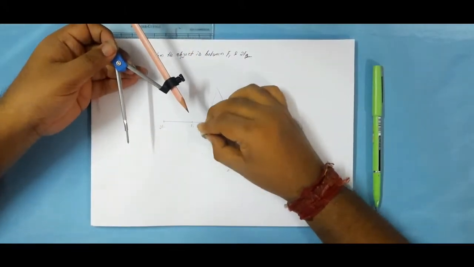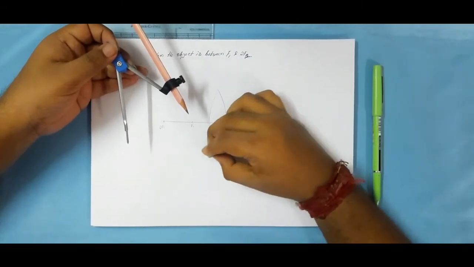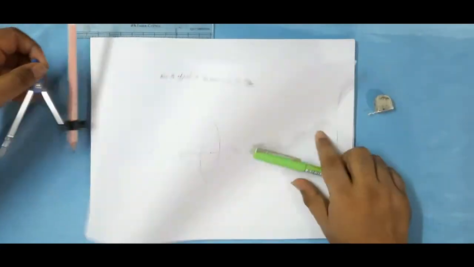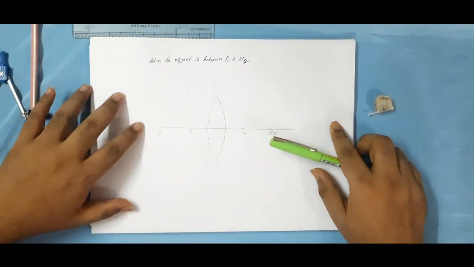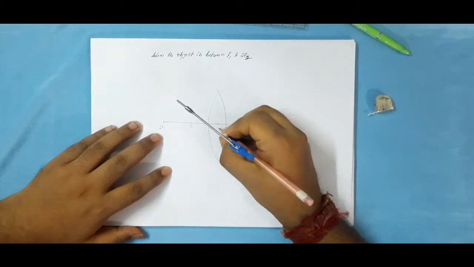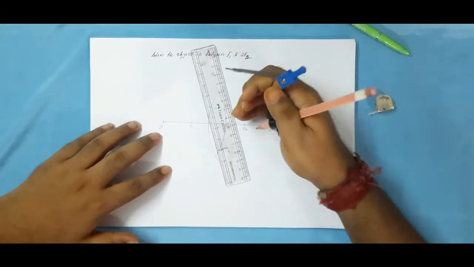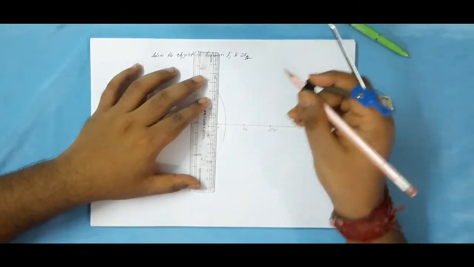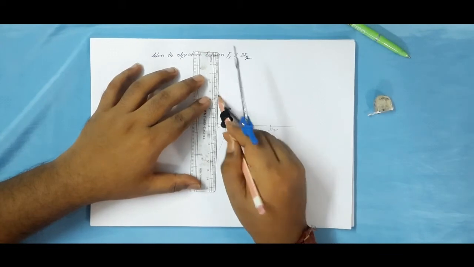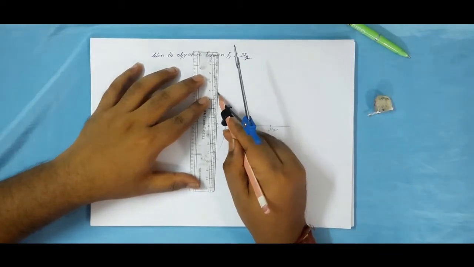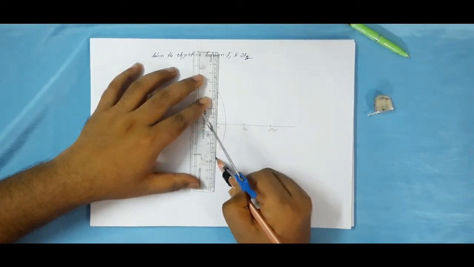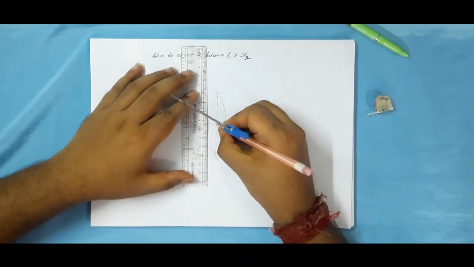We are rubbing this. We have to give a neat diagram. Okay. The optical center. This is the optical center.